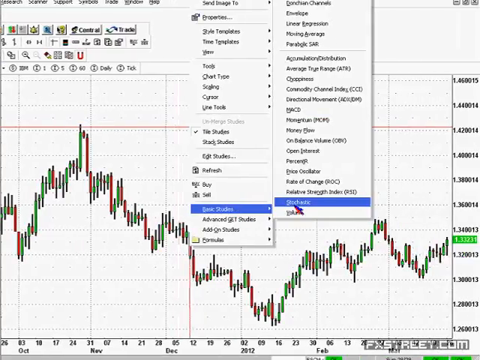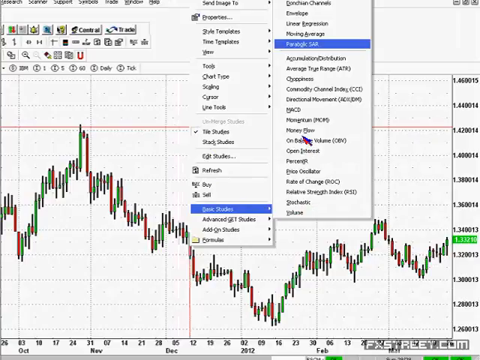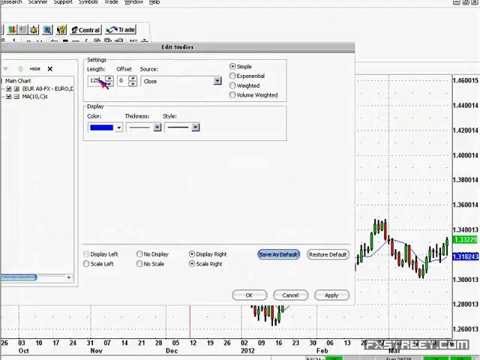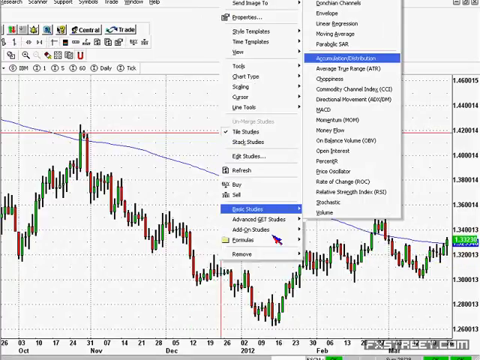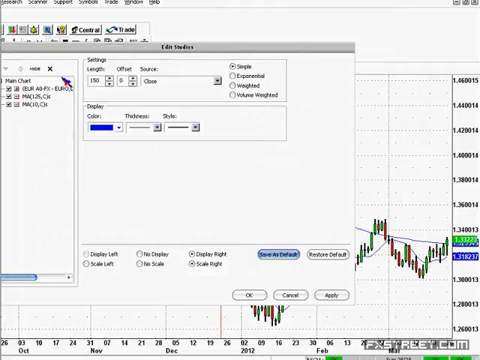So the first moving average that it uses is the 125 simple moving average. And then it also uses the 150 simple moving average.